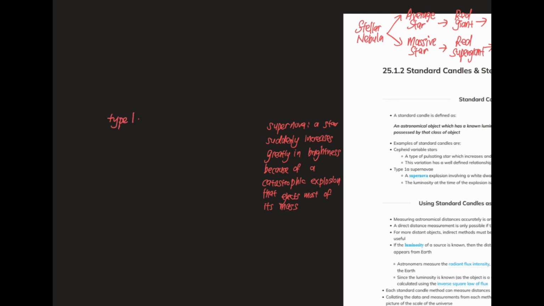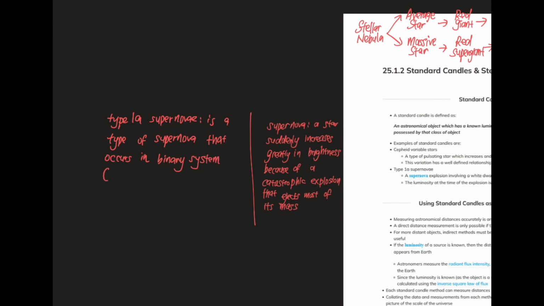Type 1a supernova. So this is a different kind of idea. It is a type of supernova that occurs in a binary system.